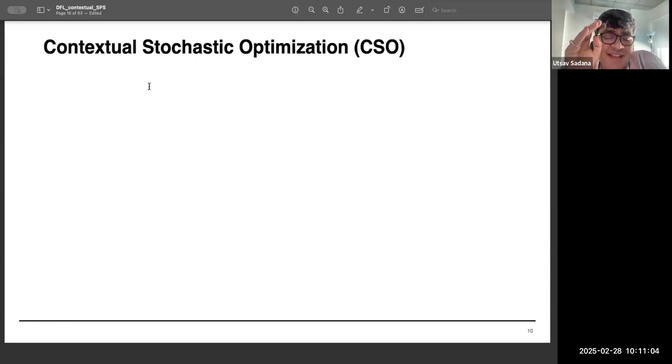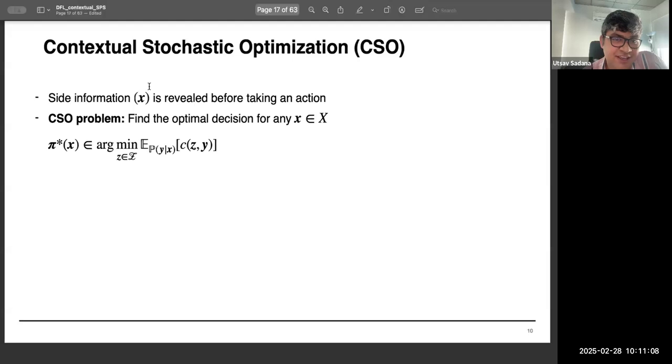So the classical setup of a contextual stochastic optimization problem is as follows. You have some side information x. This information is revealed before you take an action. Now, what you want to do is make a decision for any x which is feasible. So what you can do is solve this conditional stochastic optimization problem where the conditional distribution is given by P of y given x.